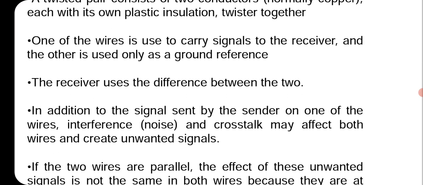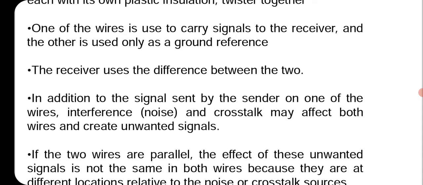One of the wires is used to carry signals to the receiver and the other is used only as a ground reference. Generally the copper wire is used to transmit the signals and the cover is used for ground reference. The receiver uses the difference between the two.